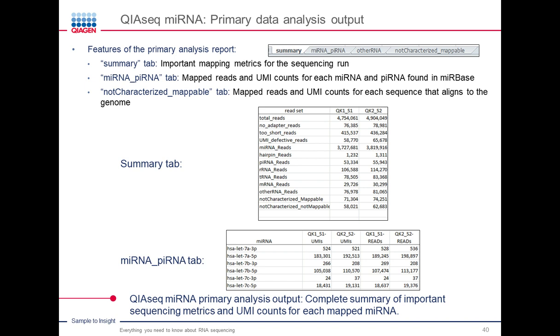Not characterized mappable is basically a tab that you can use if you want to look for novel potential microRNAs. And again, what we're giving you is a list of the sequence, list of the genomic coordinates, as well as the UMI and the read counts. And from there, you can take this information and basically start the assessment of whether it is a real microRNA or not.